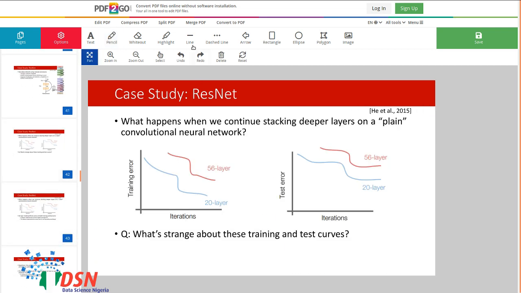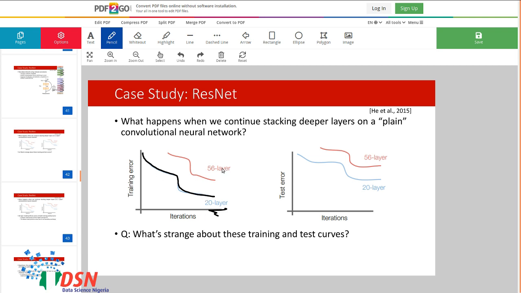Okay, so the problem in plain networks, or networks without shortcuts, is that there is a strange thing about them. When we train a 20-layer neural network, we could end up with this kind of training error. So this is a training error.